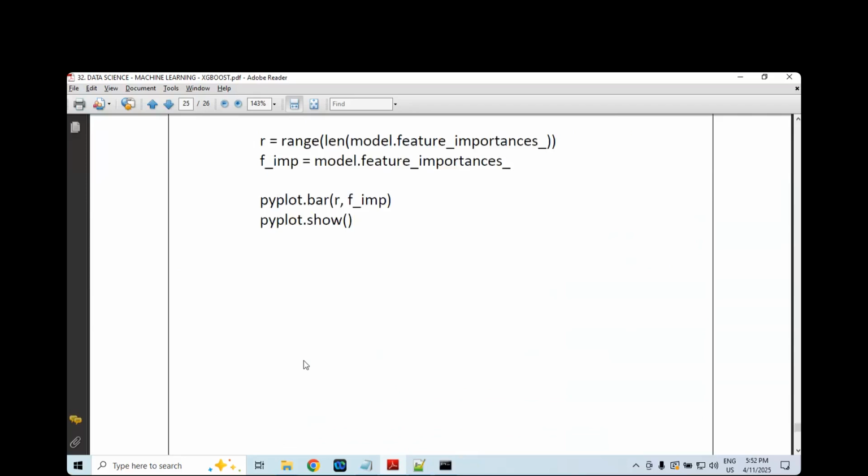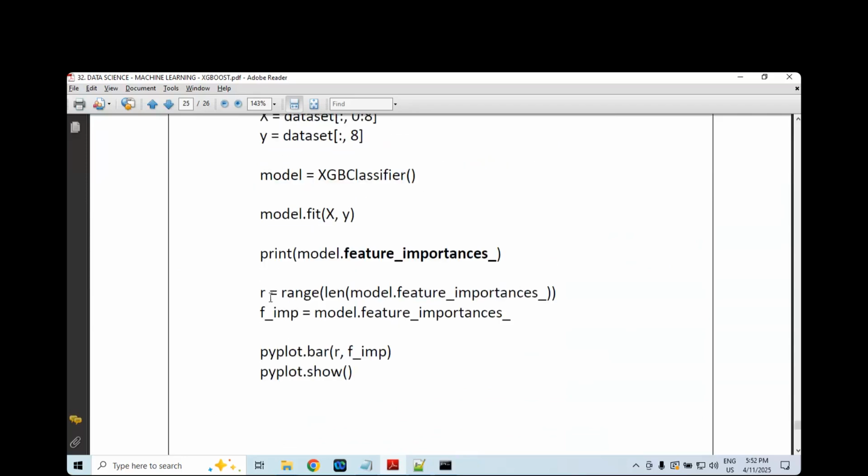Okay, understand the loop here. Create a range. What is the range? Length of all features. Very good. Length of all scores. On the x-axis, I am planning to plot this: 0 feature, first feature, second feature, third feature, up to the length. Now, scores I am storing into one variable.